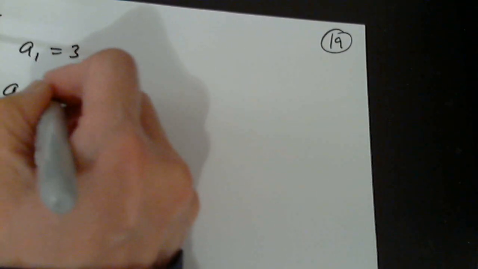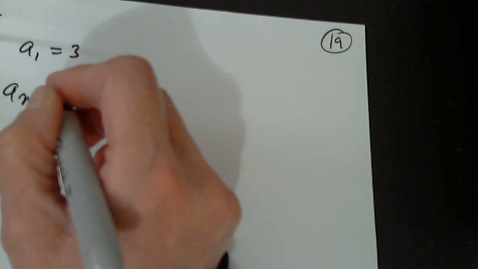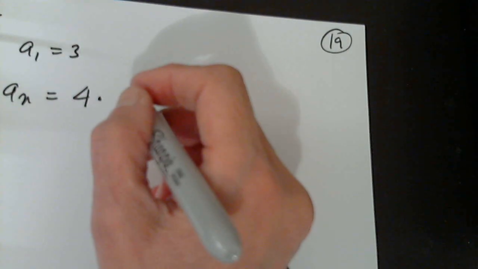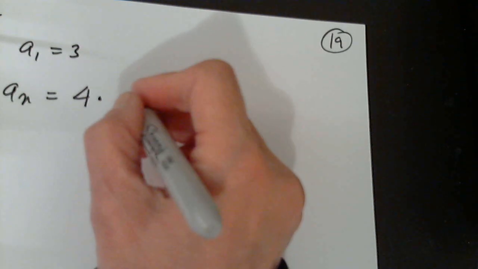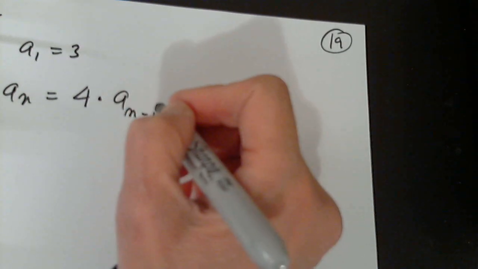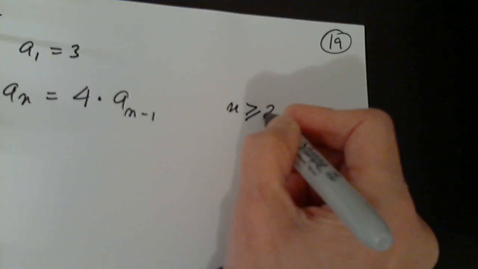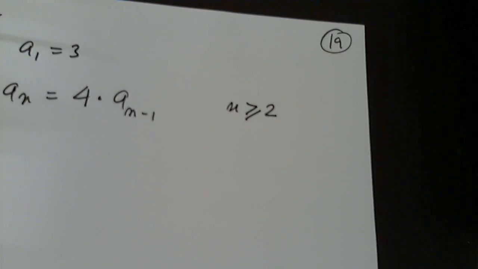15. Okay, so let's look at 15. Thank you. We have A1 is 3, and we are told that the general term A sub n is 4 multiplied by the previous term A sub n minus 1, and n is greater than or equal to 2. Of course, because they are giving us A1 already.